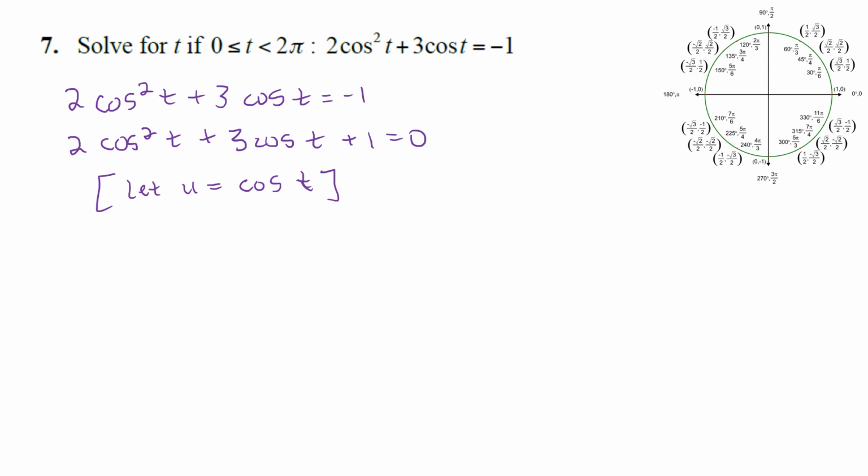That way we can write this equation in terms of u. And this just allows us to see the quadratic better without all of the letters involved. Okay, so now we can factor this equation.